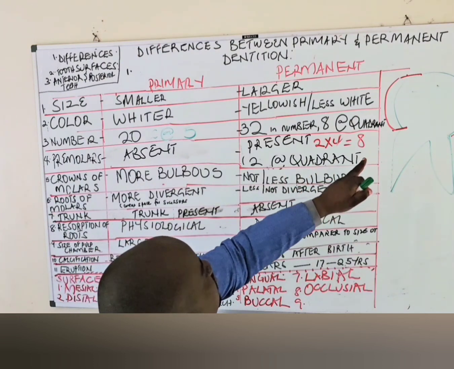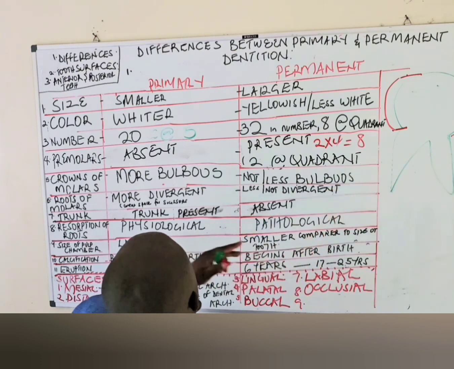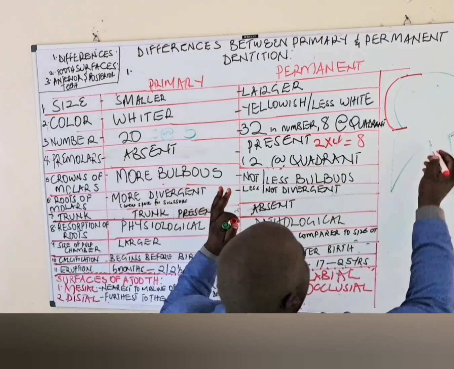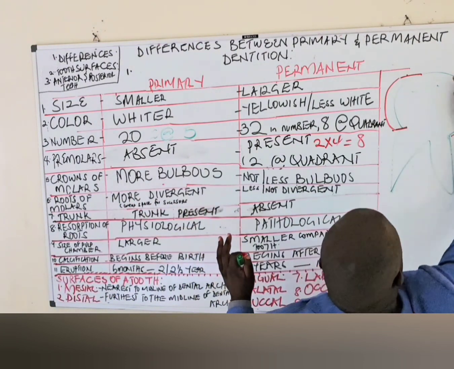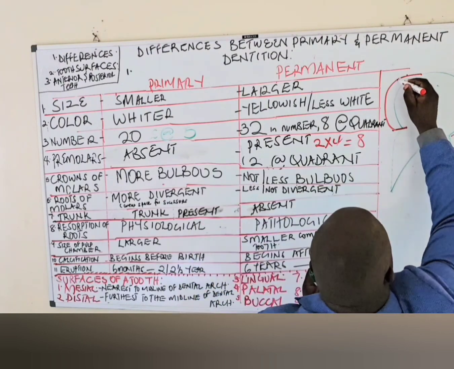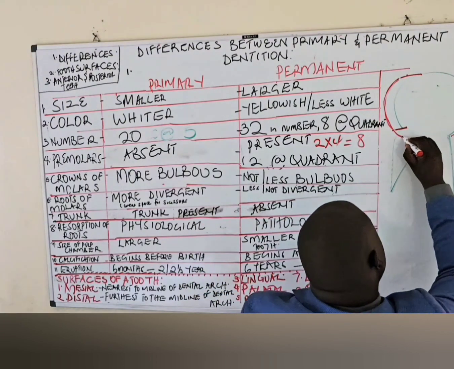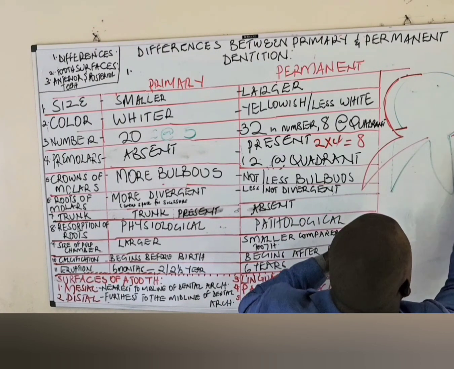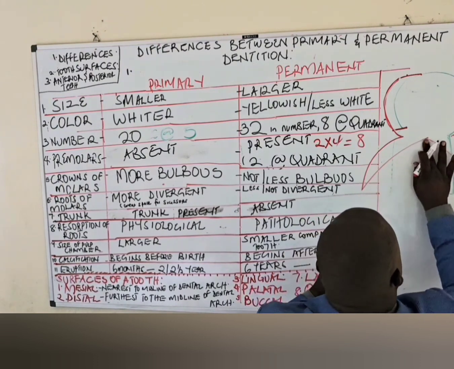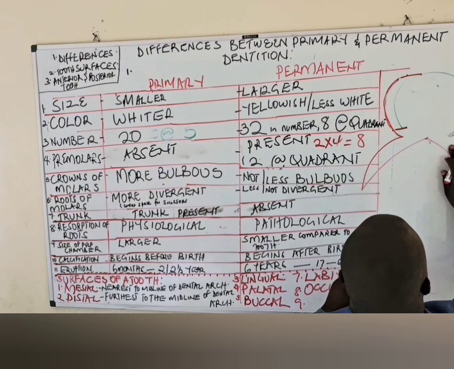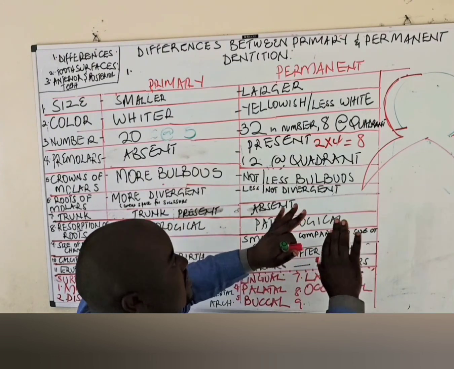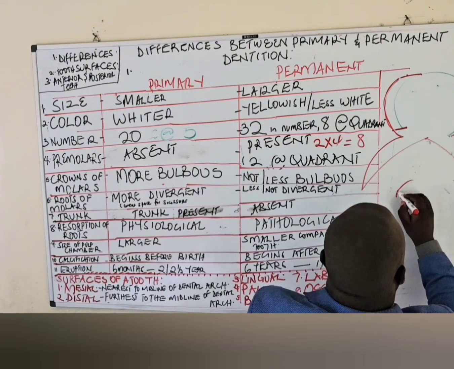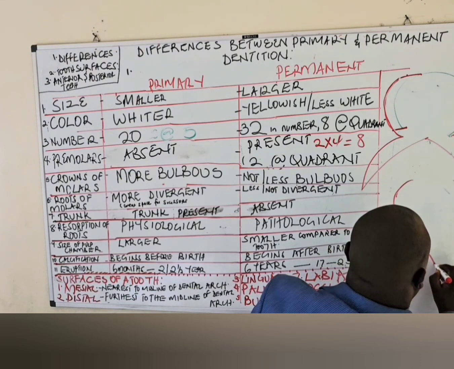This also has an effect on the roots. When you reach the roots of these molars, after the bulbous crown, you find that the roots are divergent. Whereas for permanent teeth, they are not divergent.